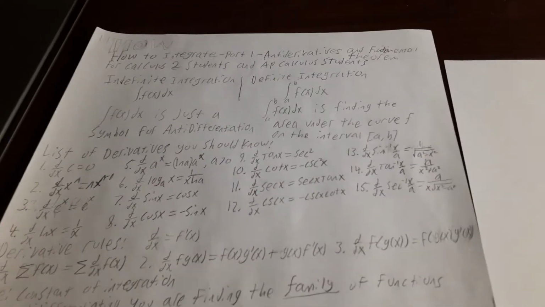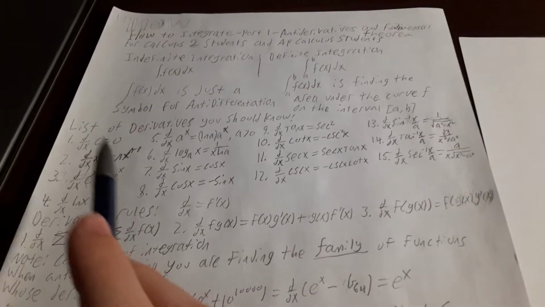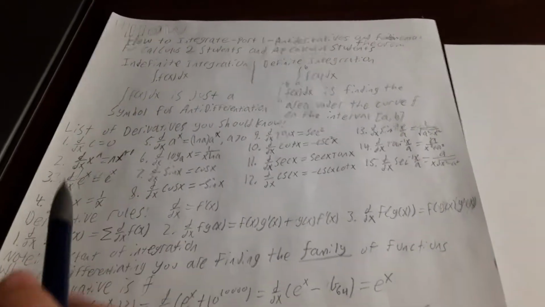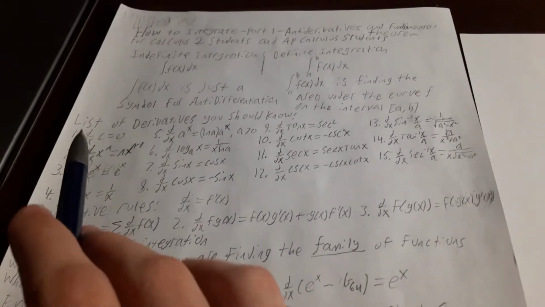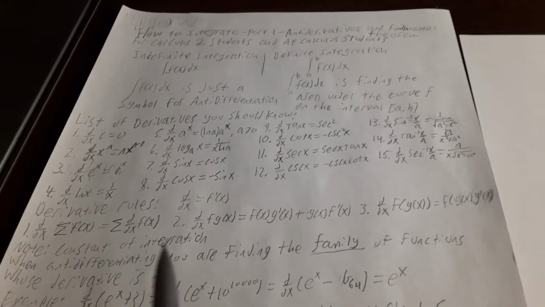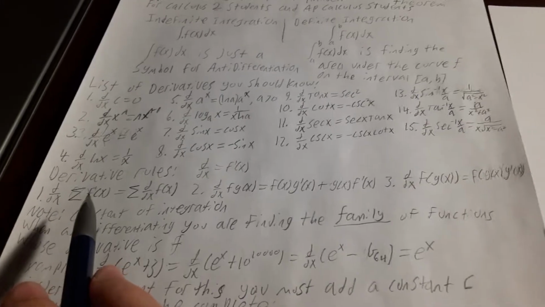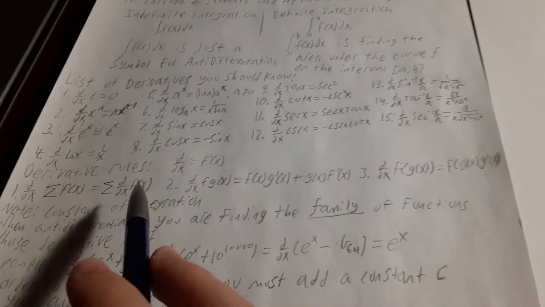So for antidifferentiation, we first need to know our derivatives. From Calc 1, we've learned all these derivatives alongside a few more. But for the sake of room, I've just got all the important ones. Also, we're going to be using some derivative rules, such as the derivative of a sum of functions is the sum of the individual derivatives.